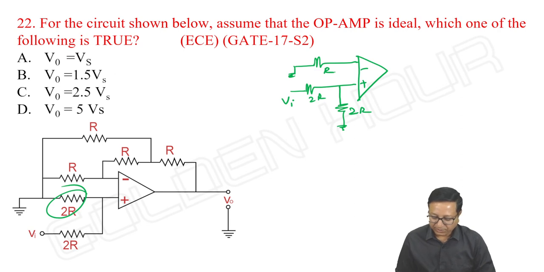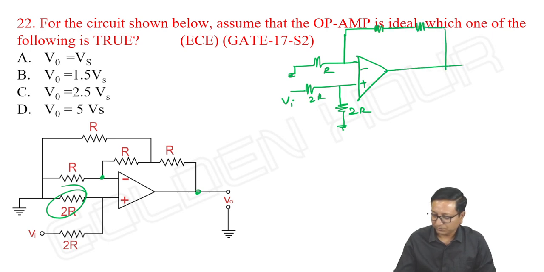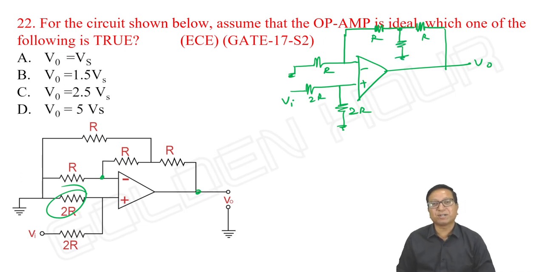Next, from the inverting terminal to output, 2 resistors R and R. And between these two R's we have one more R which is going to ground. So it is the same circuit we studied. Just to confuse us, they gave it like this.